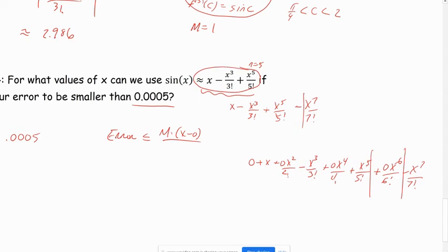So if we have the option of using n equals 5 or n equals 6, we're better off calling it n equals 6, because then we get a smaller error estimation, which means we'll get a larger interval of x values.